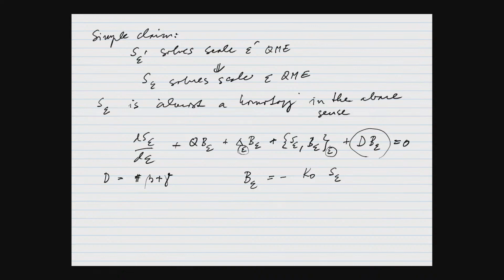And this epsilon is almost a homotopy in the sense before. Well, from these two conditions, you get immediately the formula for the time evolution, for the epsilon dependence of the action. And except for this extra piece, where this is the operator which counts the numbers of betas and gammas. Remember, these are these homogeneous coordinates on the complement of the cohomology.